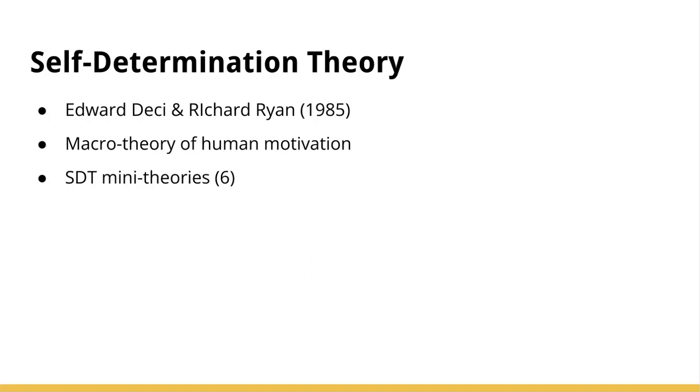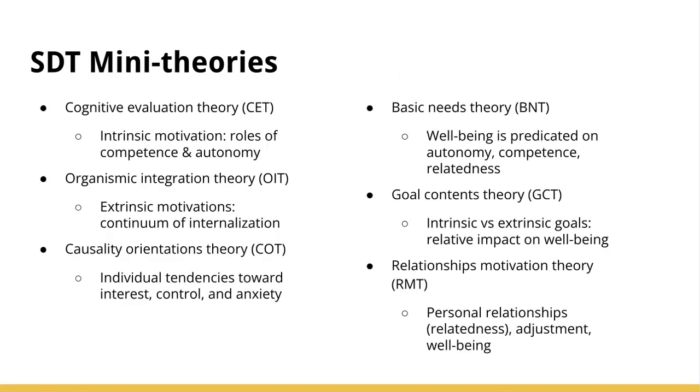In a very short and definitely not expert summary, self-determination theory is a macro theory of human motivation, and under that big theory are six mini theories, articulated to this extent. Now, I'm just going to pause with a caveat to say I am not an expert on self-determination theory.